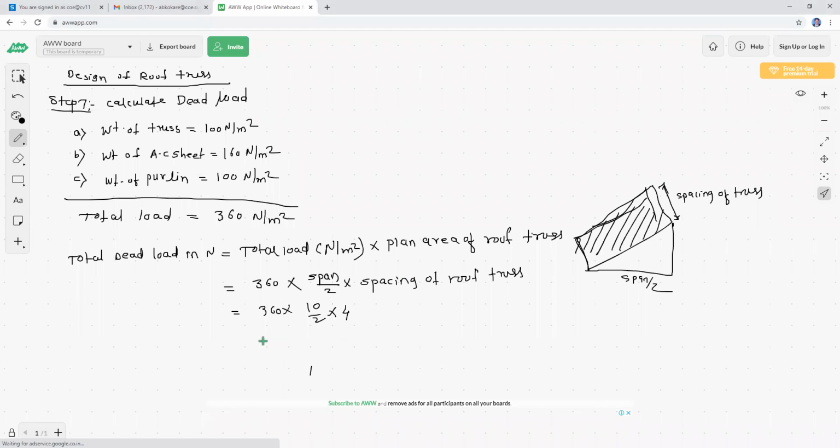So this term is Newton per meter square, and this is meter square, so meter square gets cancelled. So how much answer is in Newton? Just a minute. Tell me the answer.